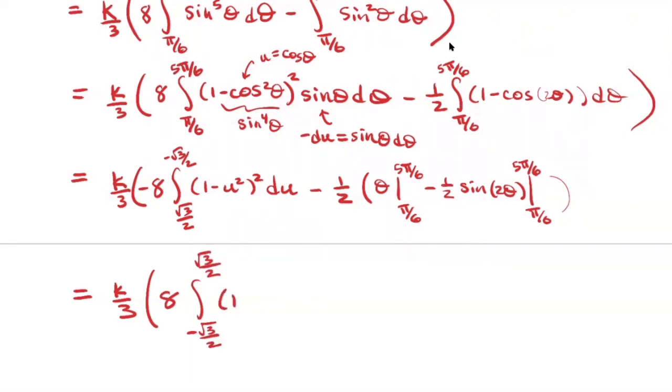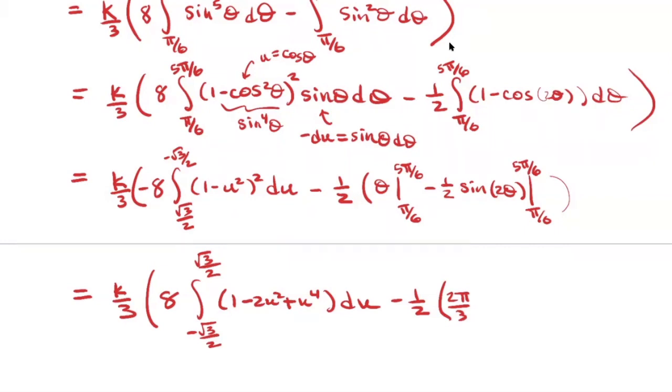And then I'm going to have to do 1 minus 2u squared plus u to the 4th du, minus 1/2. And now I've got 5 pi over 6 minus pi over 6. That's 4 pi over 6, which is 2 pi over 3.